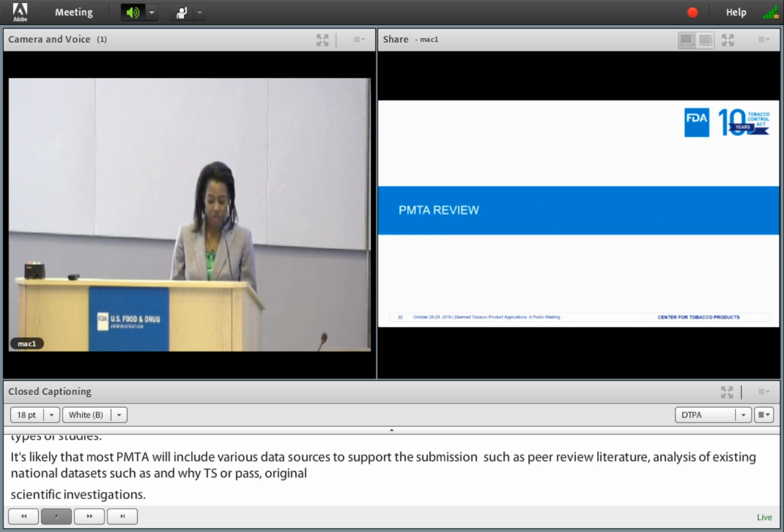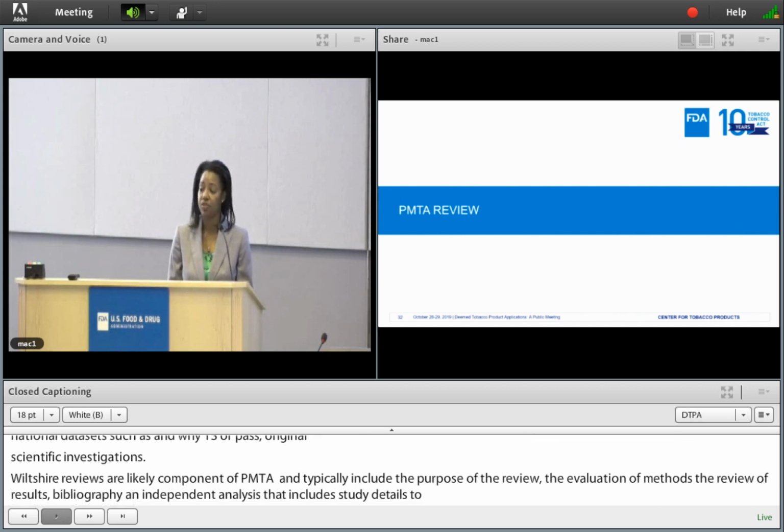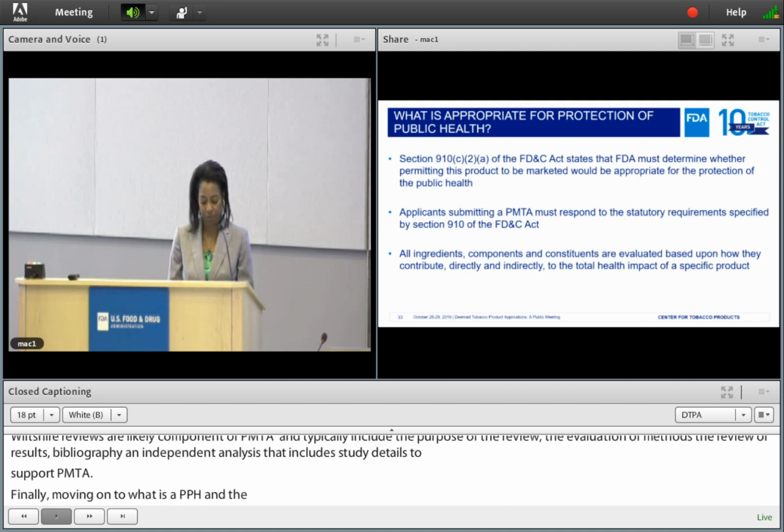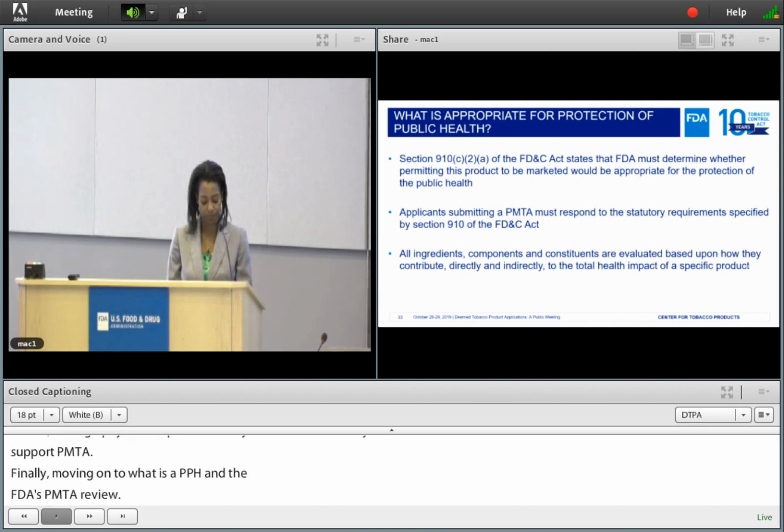Finally, moving on to what is a PPH and the FDA PMTA review. I have reiterated that FDA must determine if the proposed product, which is the subject of the PMTA, is a PPH. Applicants must address the statutory requirements as appropriate pertaining to PMTAs in the Act.